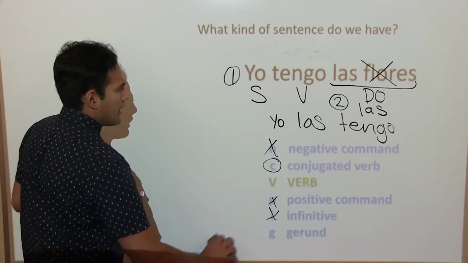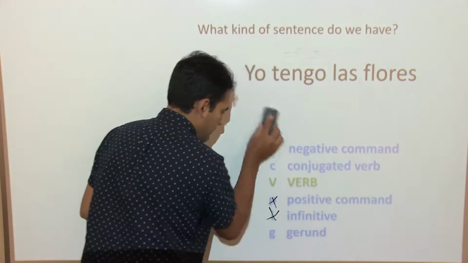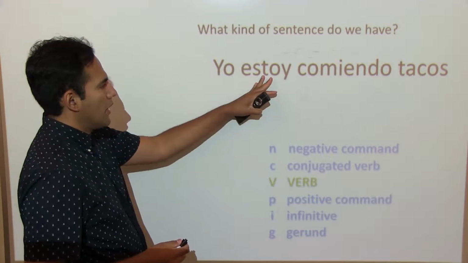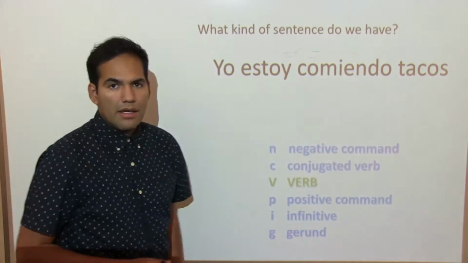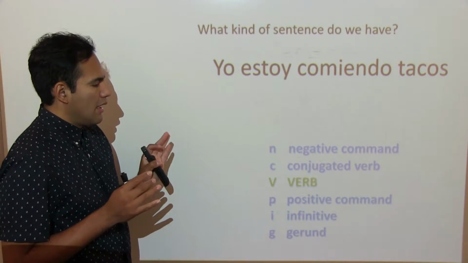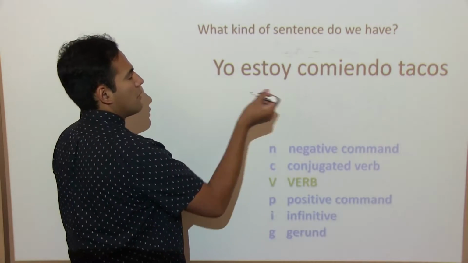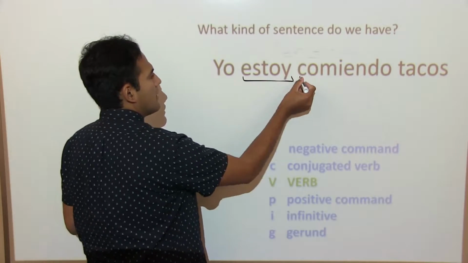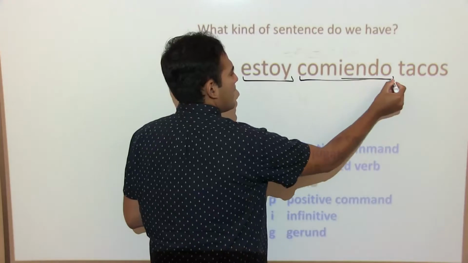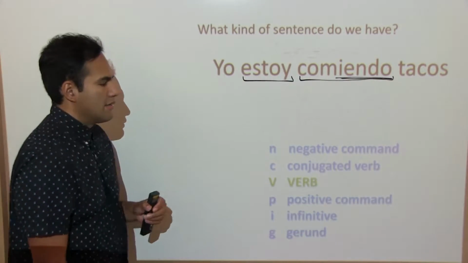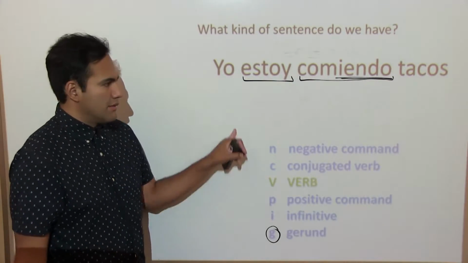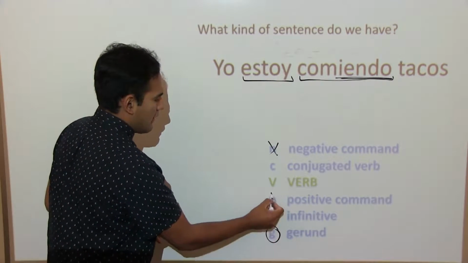So let's do another example. Our next example is yo estoy comiendo tacos. I'm eating tacos. So now let's find out where our verb is. We actually have two verbs, this one and this other one. But notice how we have a gerund right there. In this case, the gerund is going to be the type of sentence we have. We don't have a negative command, we don't have a positive command.